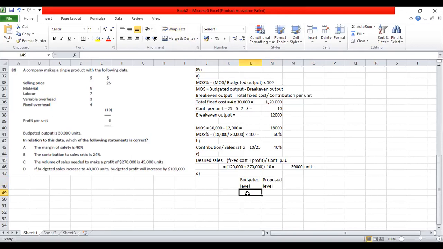At present they are selling 30,000 units, and 40,000 is the proposed level of units.